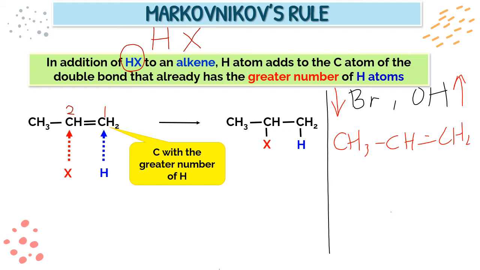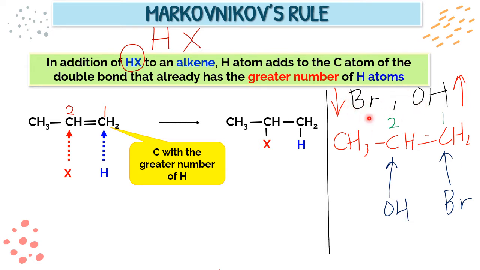This is carbon 1, this is carbon 2. At carbon number 1, the one that will be bonded is bromine. Why? Bromine has lower priority, so it will go to the carbon with more hydrogen. So the hydroxyl group will be attached over here. This one is applied if you don't have H and X.